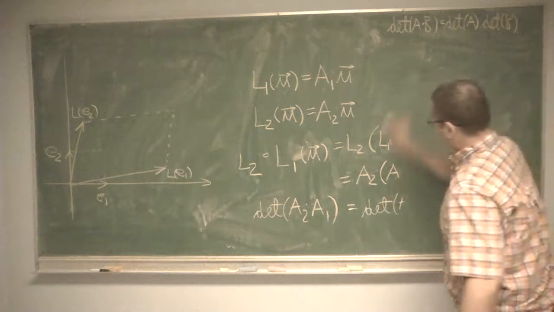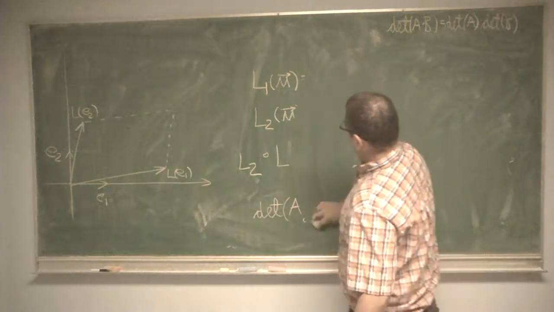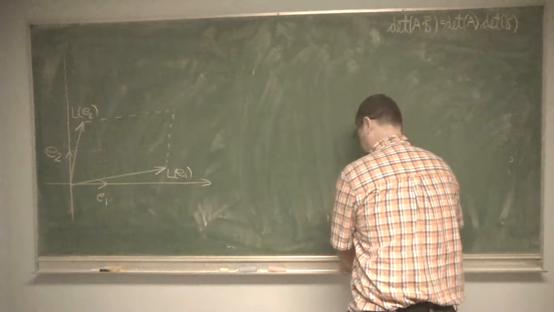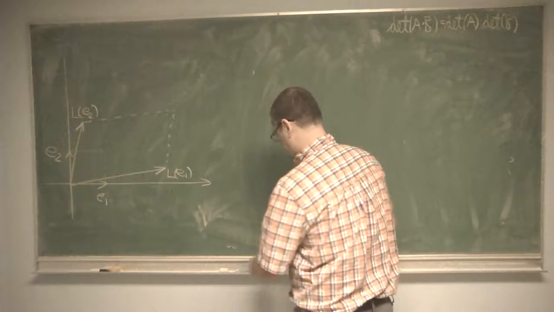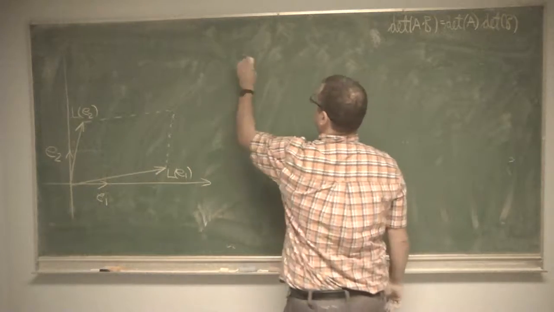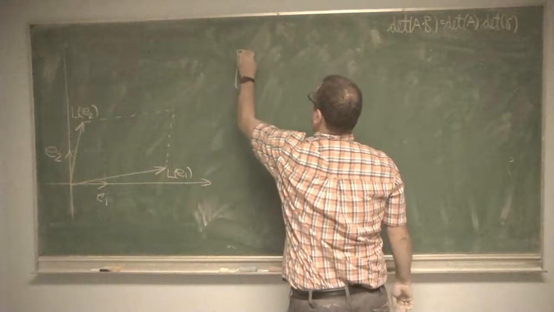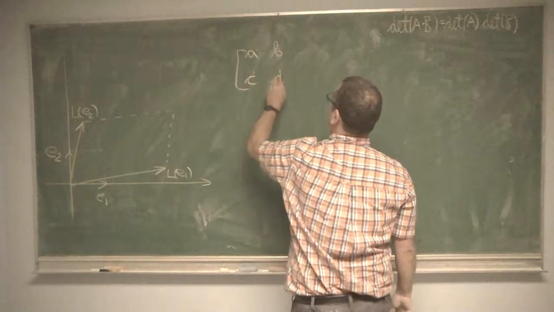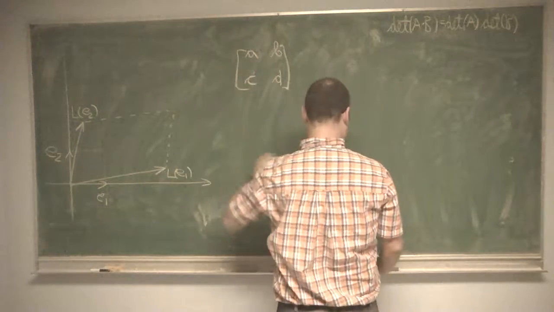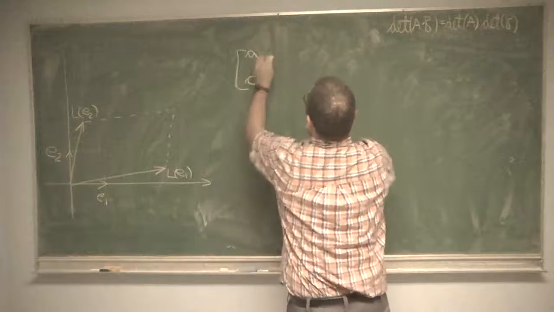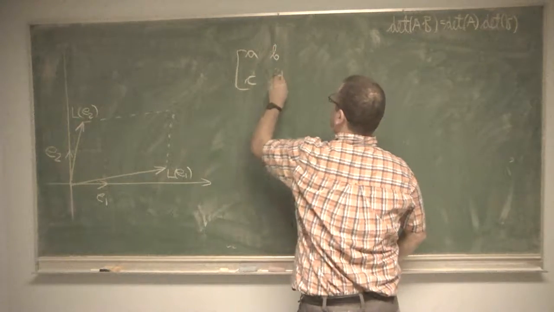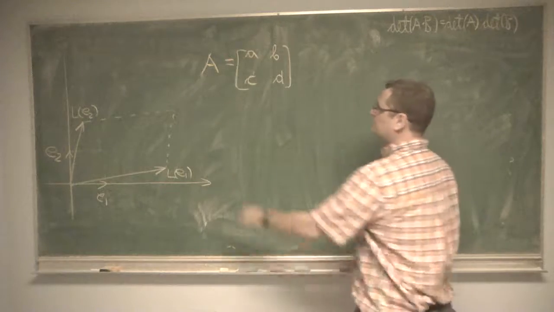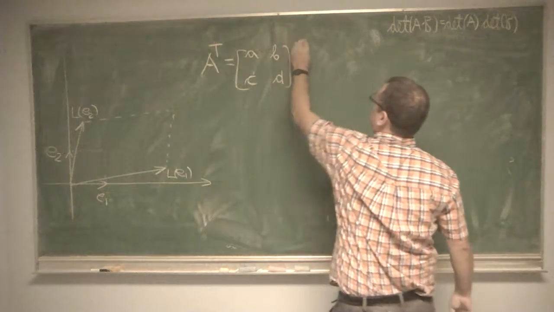Now, if you have a matrix that represents some transformation L, and that matrix is A, B, C, D, that's matrix A. What is the transpose of that matrix?